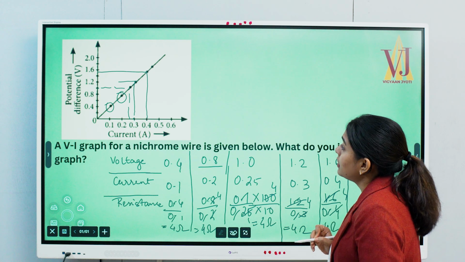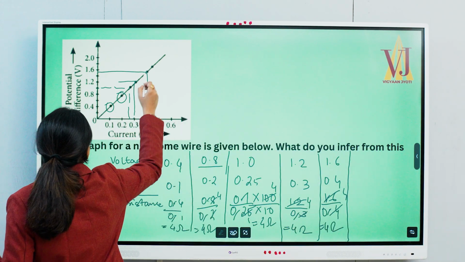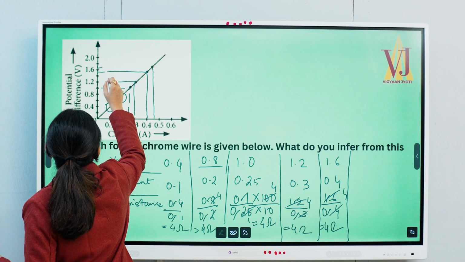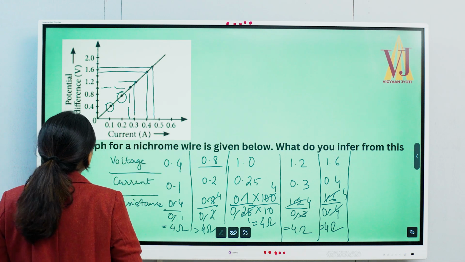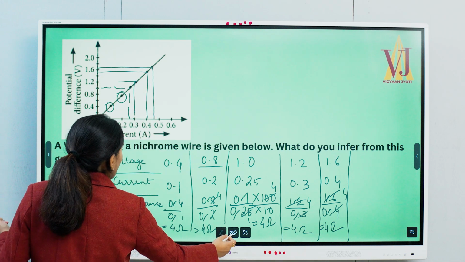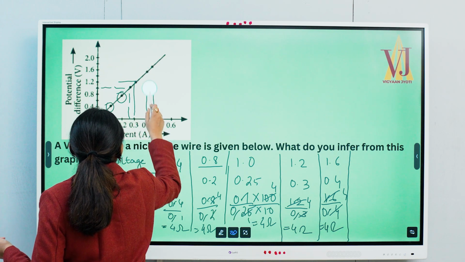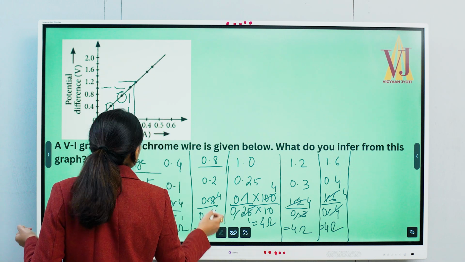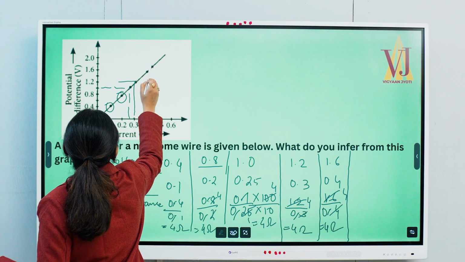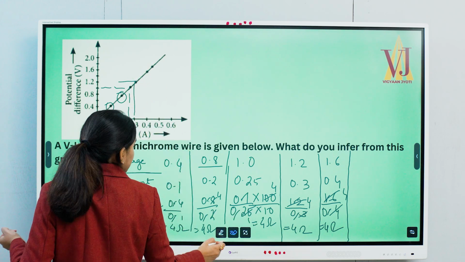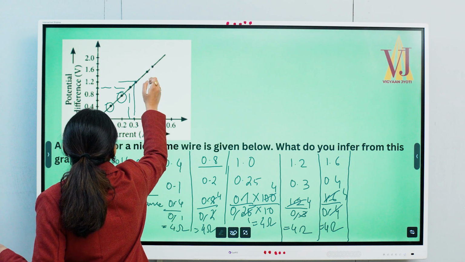Okay. Next, if you see this point, I'll try to make a straight line, but since it's a digital board, it will take a bit.